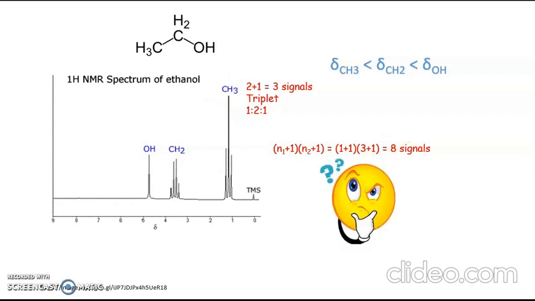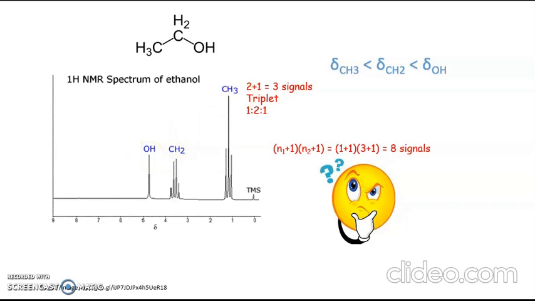But you are thinking only 4 signals are seen in methylene. Why is only 4 visible? The 4 signals come from the 3 neighboring protons, 3 plus 1. Where is the effect of the OH group?